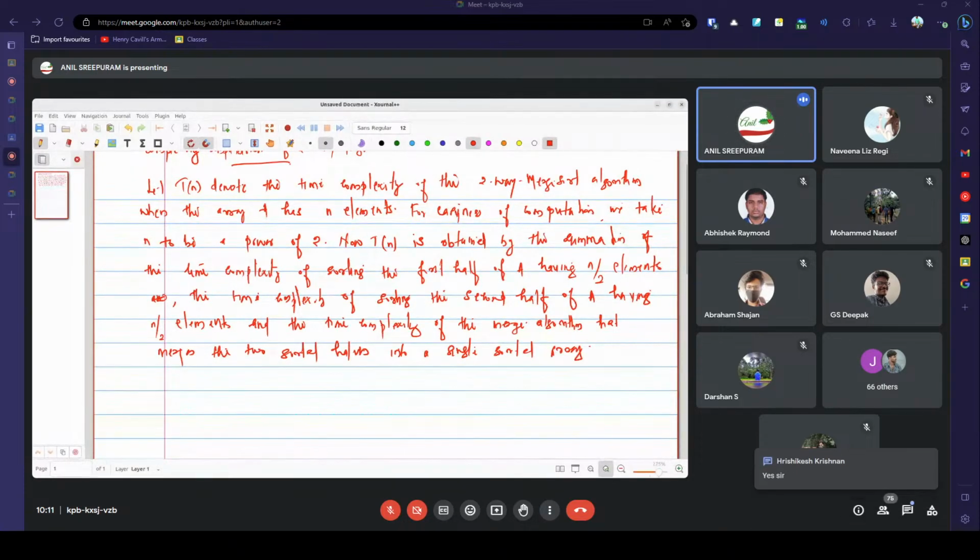So, okay. Now, let us look at what is the complexity of sorting the first half? Can anyone tell? See, look at our notation. Tn is denoting the complexity of the two-way merge sort algorithm when the array A has n elements. So, can you tell me what is the complexity of the first statement, the two-way merge sort algorithm with n by 2 elements?